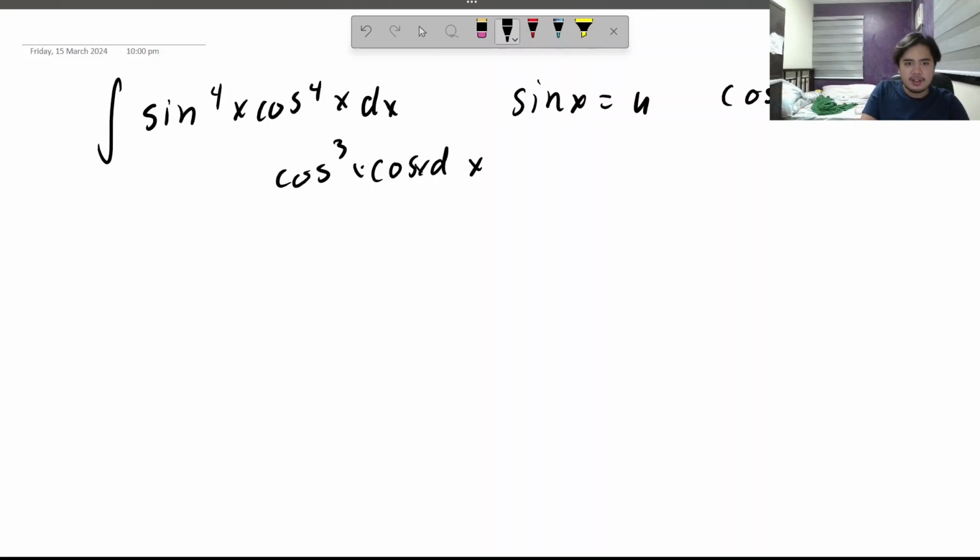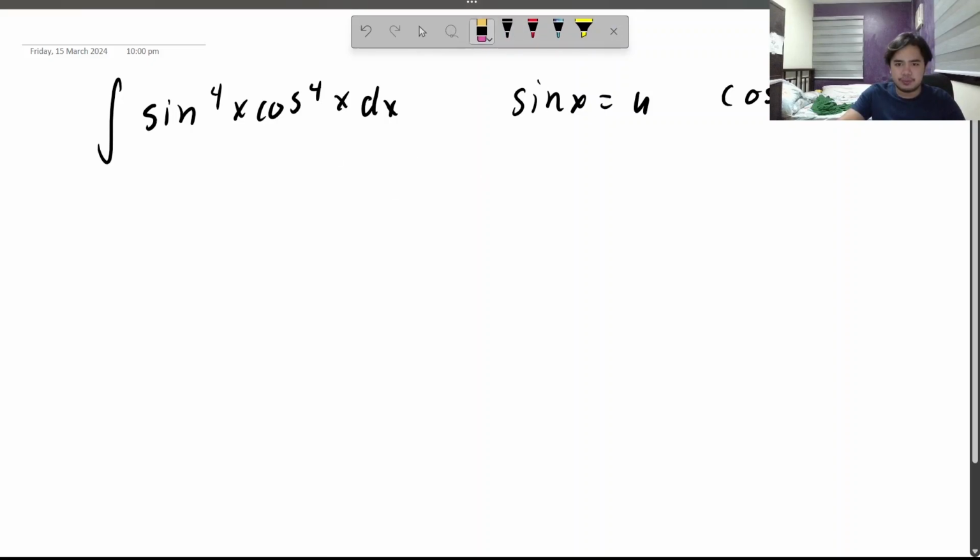But then this is just cosine cubed, so that's not going to work because I don't think you can transform cosine cubed into sine cubed unless you use fractional exponents, and we don't want to deal with fractional exponents. We're dealing with trig already.